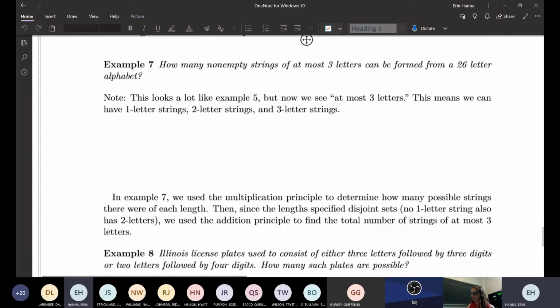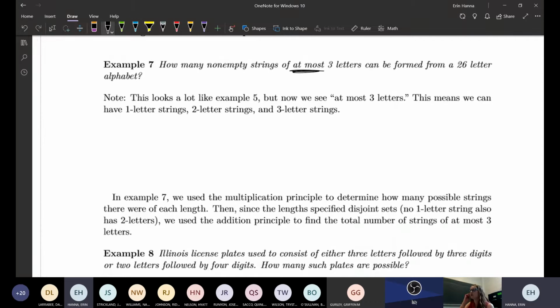This one seems very similar, but note the wording includes at most 3 letters. So we could also have only 1 letter, or 2 letters. We need to take into consideration all of those different types of strings, and those are disjoint sets.